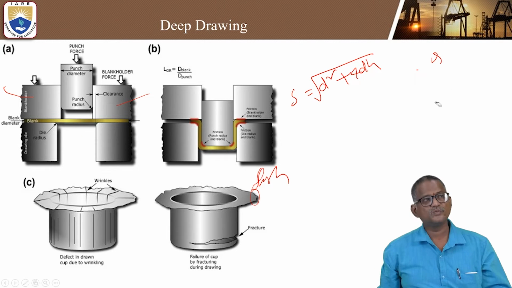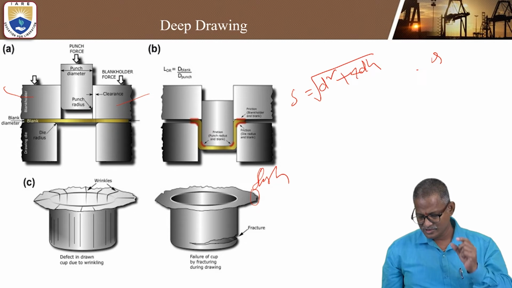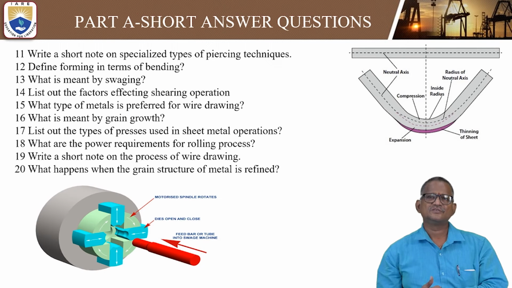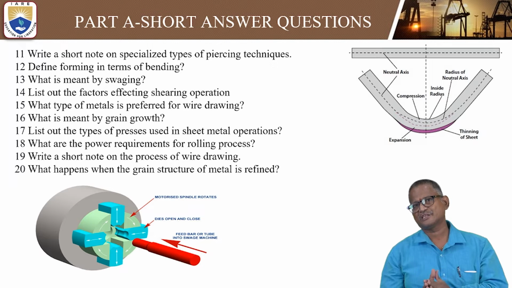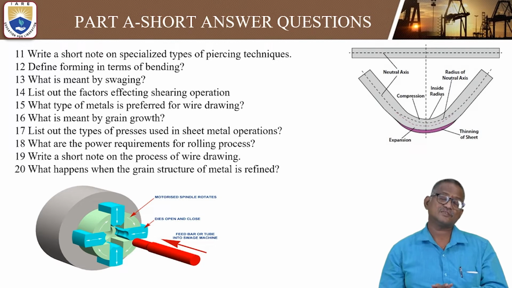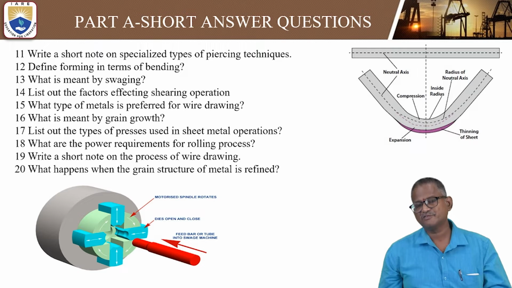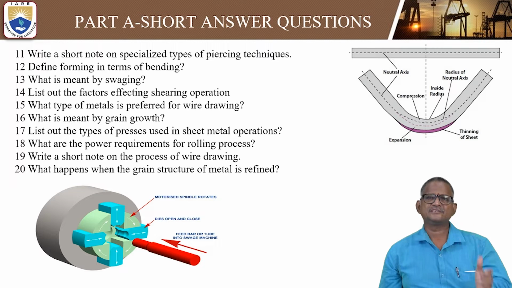Okay, so I hope the students can understand clearly how to write the proper answer from the examination point of view. Look at some of the important questions that will come, from short answers, fill in the blanks, or sometimes objective questions in competitive examinations like GATE and IAS.